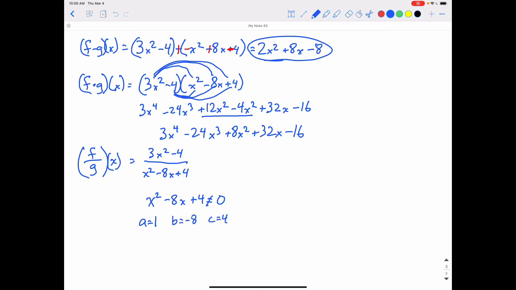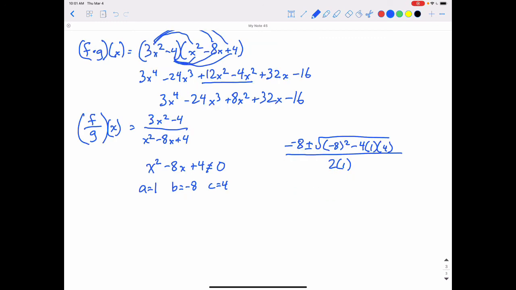So again, using the quadratic formula, that will be negative B, so in other words, negative negative 8, plus or minus the square root of b squared, so negative 8 squared, minus 4 times a, and a is 1, times c, and c is 4, all over 2 times a, and a is 1.